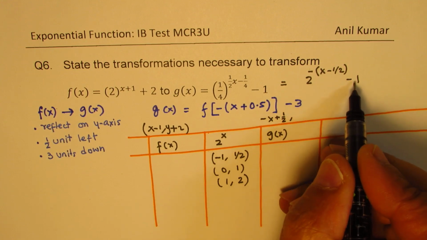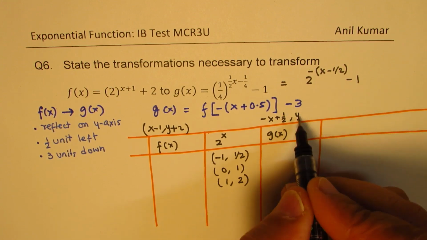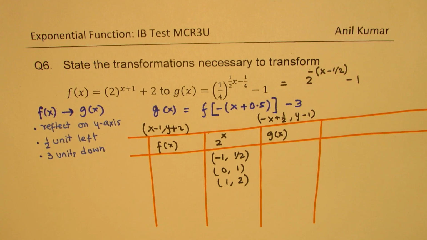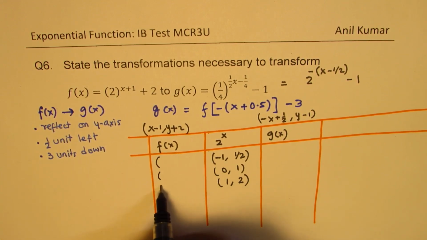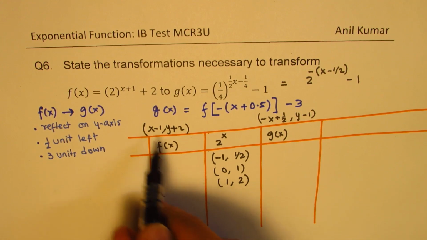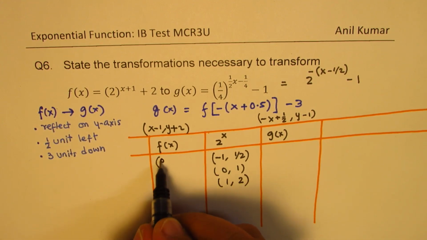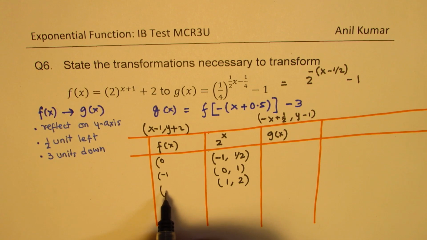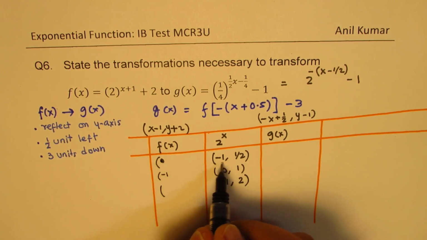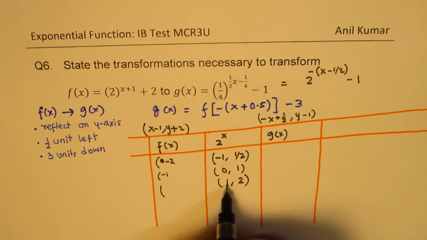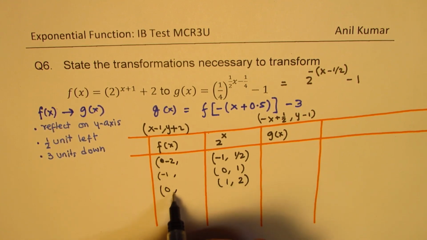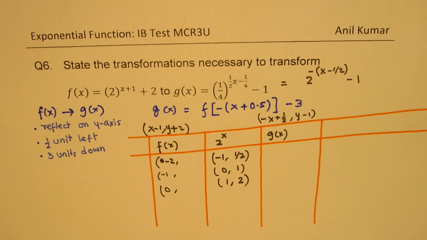As far as y values are concerned, you do y minus 1, correct? Okay, so let's write down the x and y values. For the x values, we take away 1 from these, so it becomes 0 minus 1, and take away 1 will be minus 2 here, and this one will be 0. Correct? So we get these values.